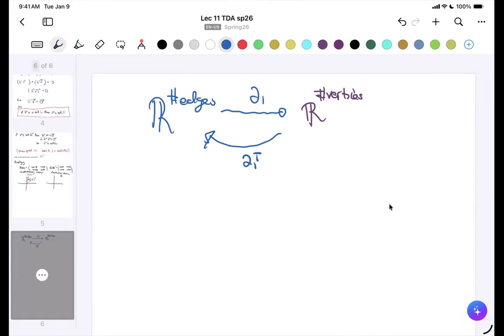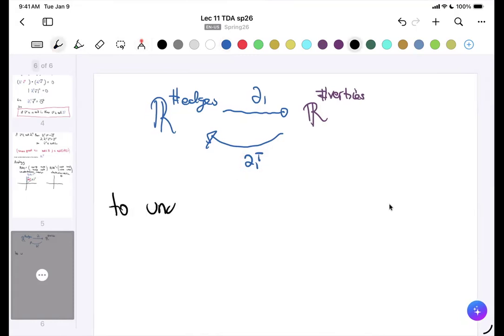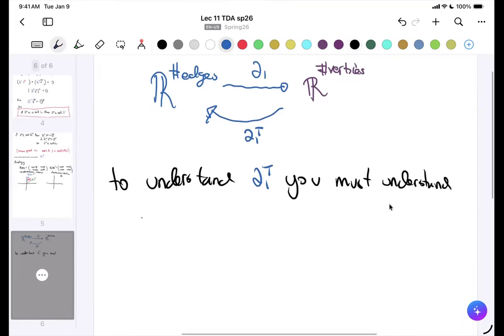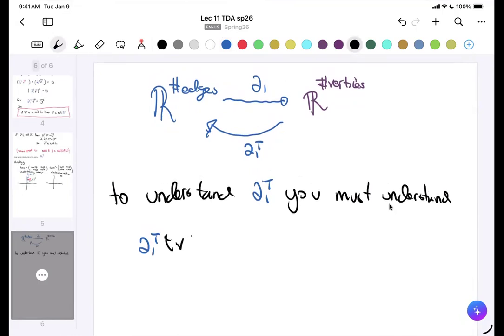So really, to understand what this matrix is doing, you have to understand where V is an arbitrary vertex of the simplicial complex. Here, V is any vertex of the complex.